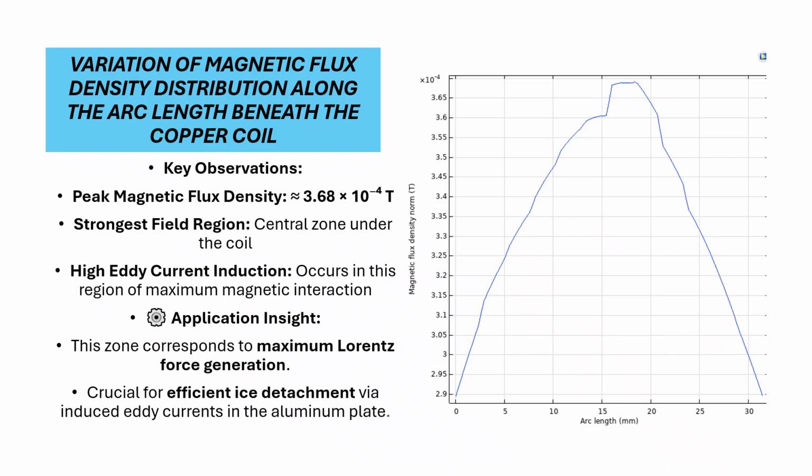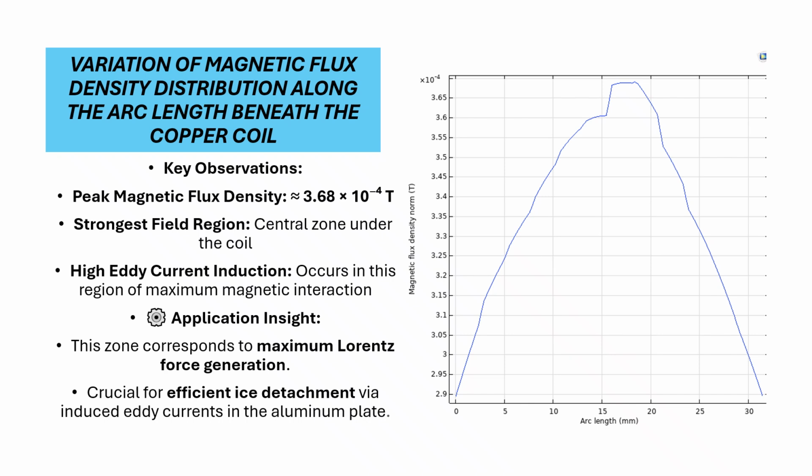In this graph, we are seeing the variation of magnetic flux density distribution along the arc length beneath the copper coil. From this graph, we can see that the peak magnetic flux is 3.68 × 10⁻⁴ Tesla, and the strongest field region is the central zone under the coil.